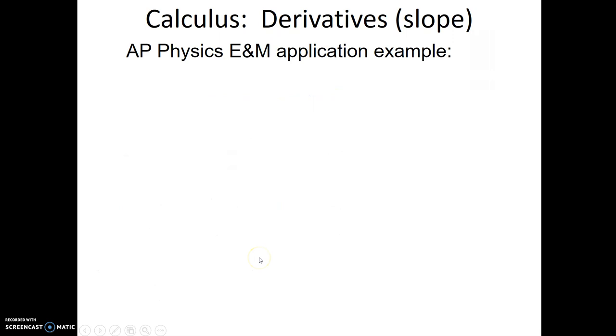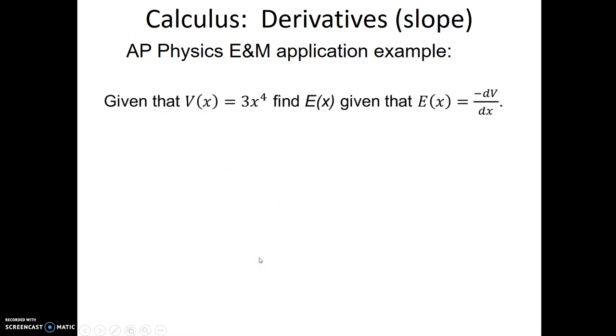So let's look at a couple applications from E and M. So let's say we have a potential, a voltage, that's dependent upon its position in space, and it's given by 3x to the fourth. And we want to find the E field in that region of space. Now we know that the E field is related to the voltage as the negative derivative of the voltage.